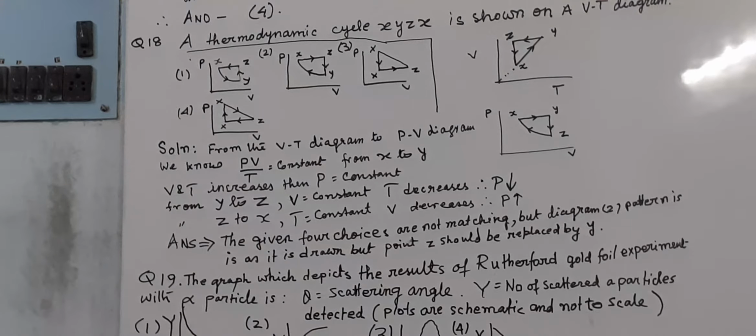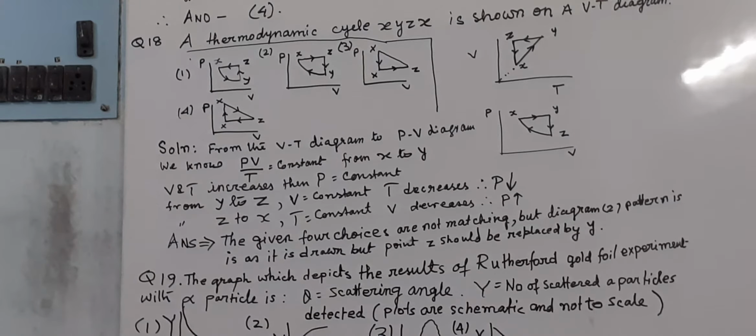Now in the solution, from VT diagram to PV diagram, we know that PV by T equal to constant, and from X to Y it is found that this line is passing through the origin and it is a straight line, so pressure has to be constant here.